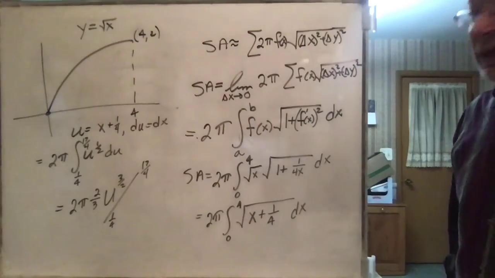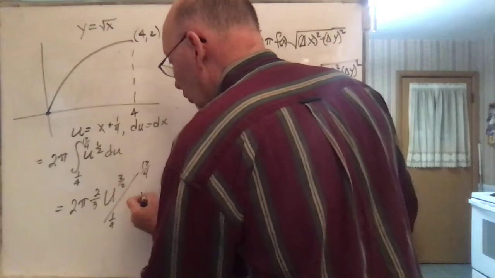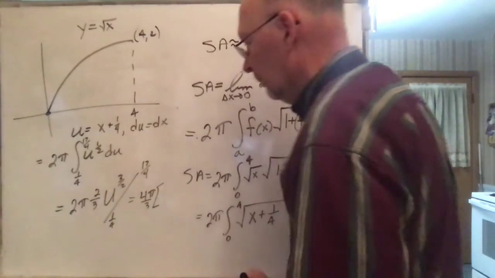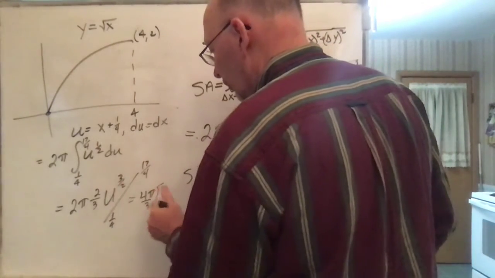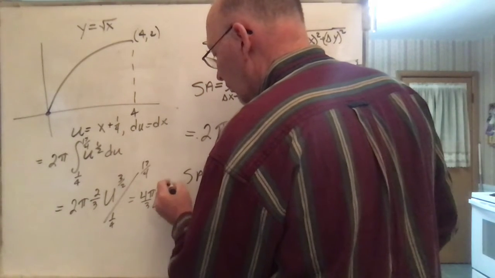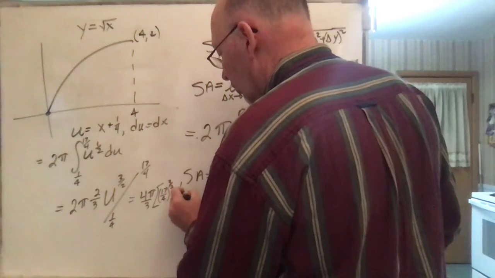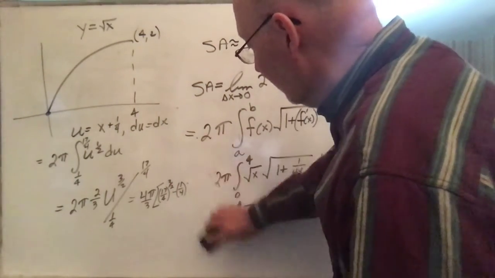And just like I do in my class, I'll let you finish it off. This is going to be 4 pi over 3 times, well, shoot, I guess I'm doing it for you. So you put 17/4 all to the 3/2 power, minus 1/4 to the 3/2 power.